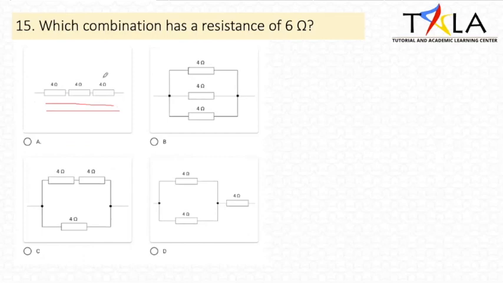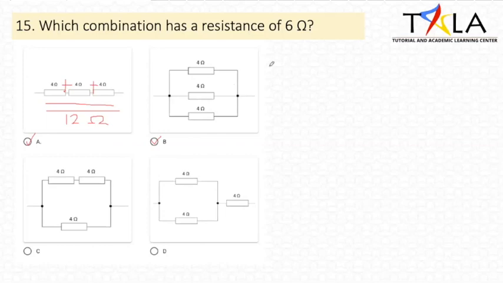Add. Very good. So, that would be 12 ohms. So, the effective resistance in letter A is 12 ohms. Clear tayo dyan, ha?